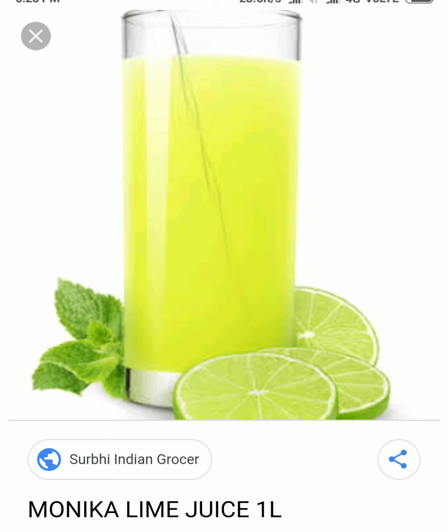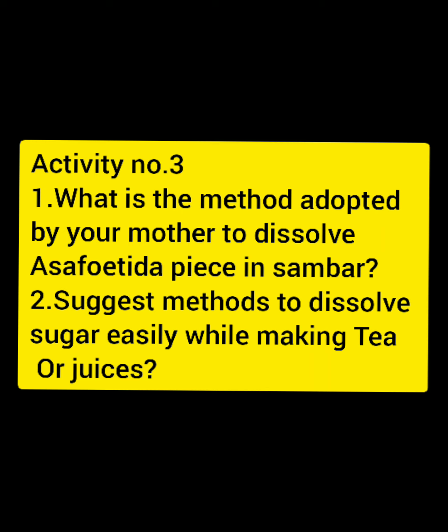So the third one is hot water dissolves substances easily. Let's come to the third activity, activity number 3. What is the method adopted by your mother to dissolve asafoetida, that means kayam, pieces in sambar? The second question: suggest methods to dissolve sugar easily while making tea or juice. This is activity number 3, and we will go to the next session.